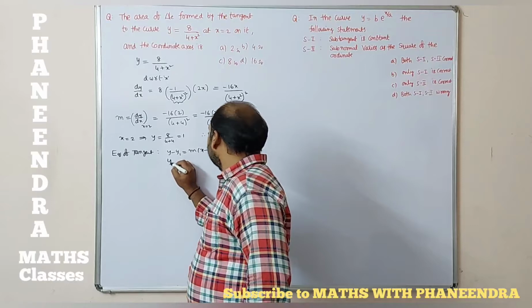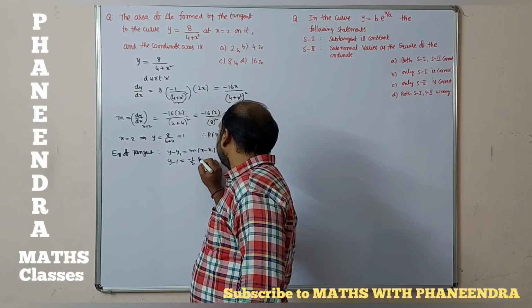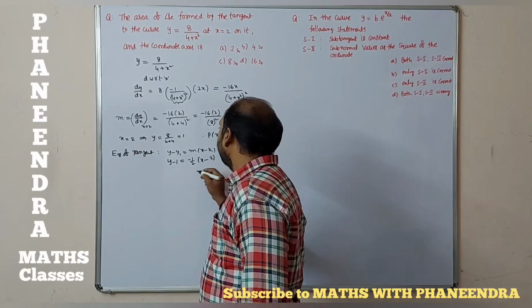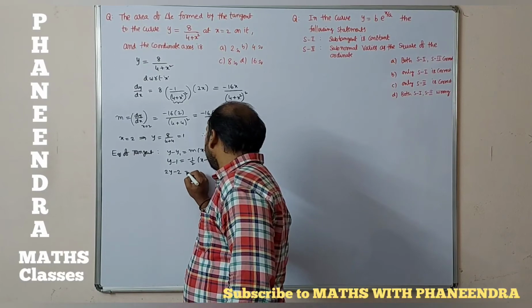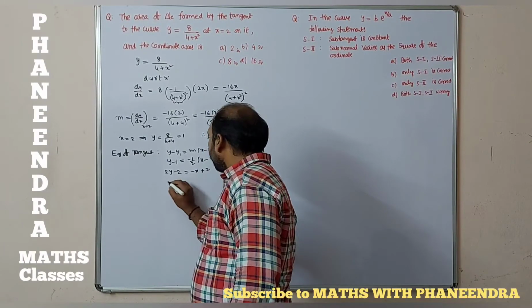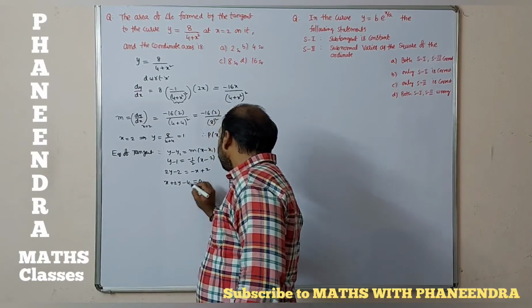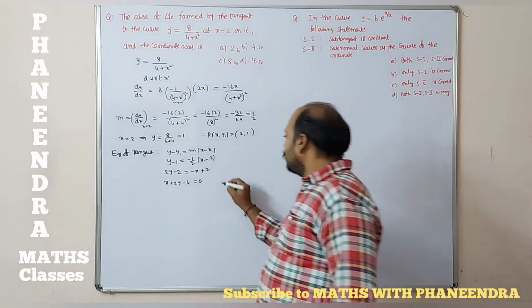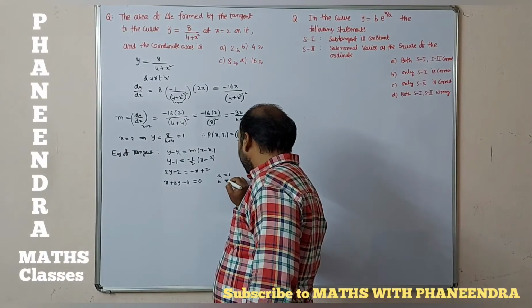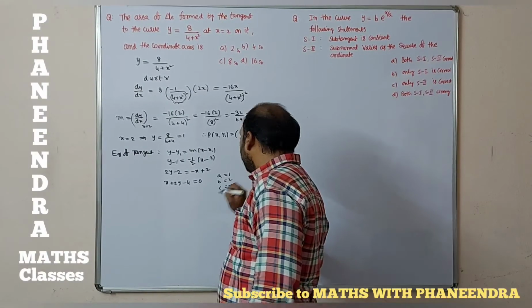So y minus 1 equal to minus 1 by 2 into x minus 2. So 2y minus 2 equal to minus x plus 2. So x plus 2y minus 4 equal to 0. So a value 1, b value 2, c value minus 4.